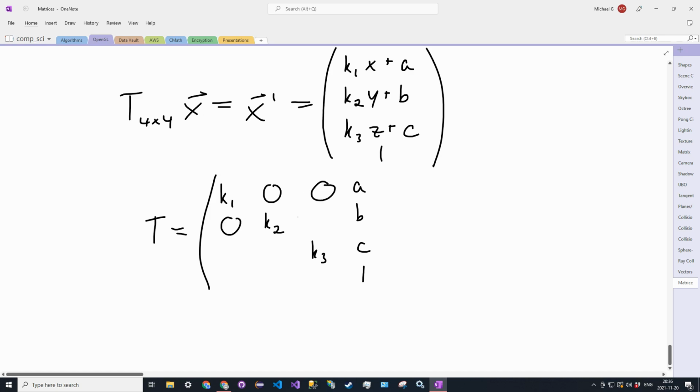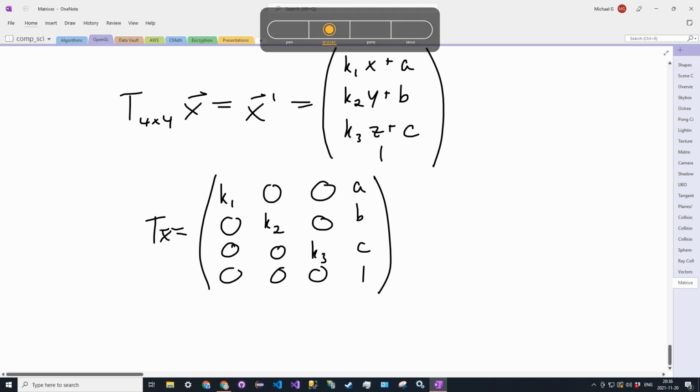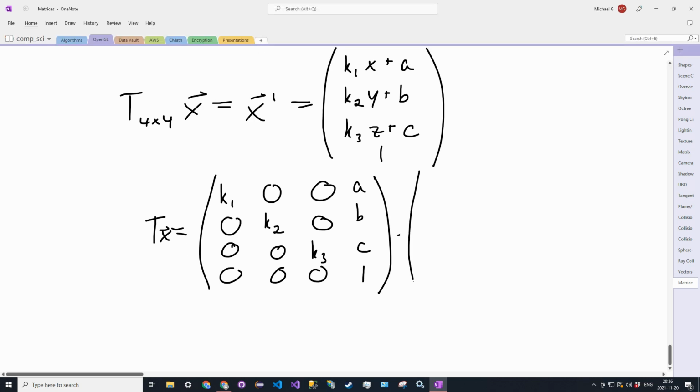Can we just get away with using the zeros there on the side? If you do this matrix multiplication now and you multiply this times X, Y, Z, and a 1, you will find that it does work, because the diagonals contribute to the scaling. And that's the only factor we get from X, Y, and Z in their respective rows.